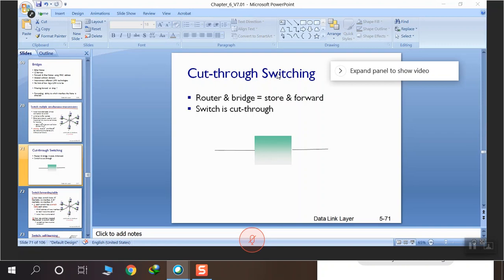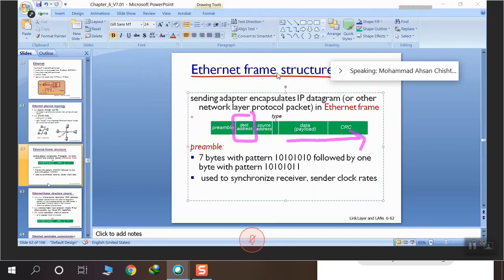That's why you can see here the destination address is at the beginning, then comes the source, and then comes the data and other stuff. So for cut through switching, it is necessary that the destination address should arrive first. Thus, the packet need not be stored before transmission.